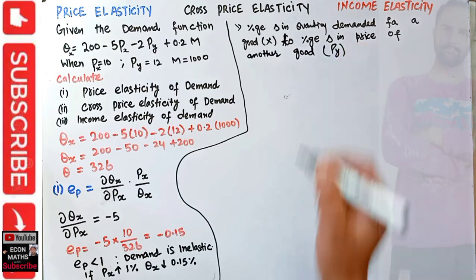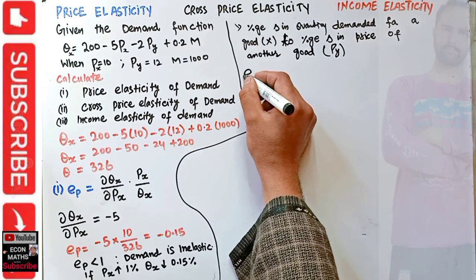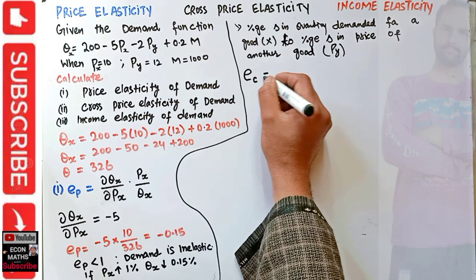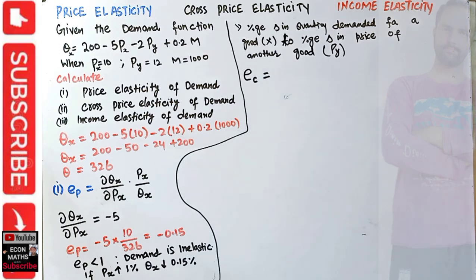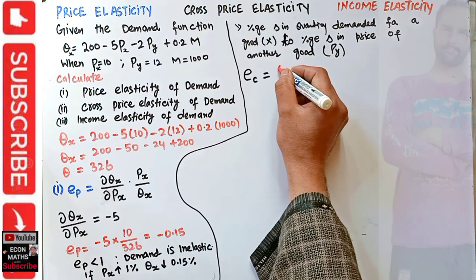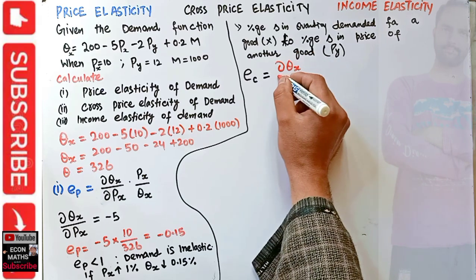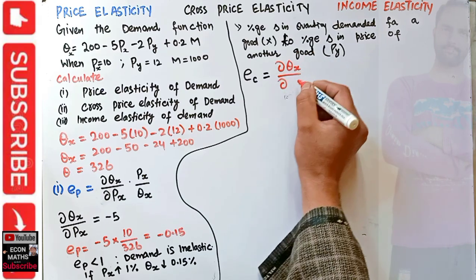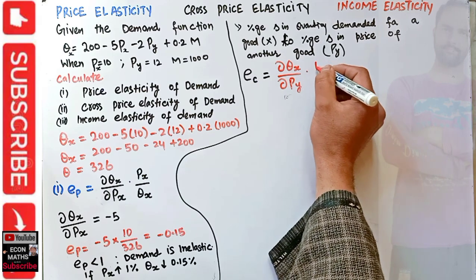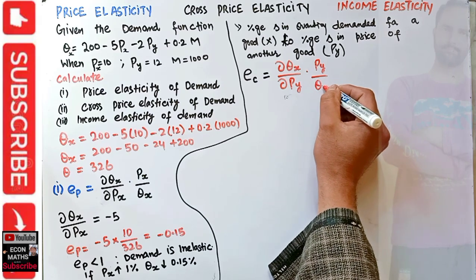Now let's denote the cross price elasticity of demand by E subscript C. It will be equal to the change in quantity demanded of good X with respect to the change in the price of good Y, times price of good Y upon quantity of X.